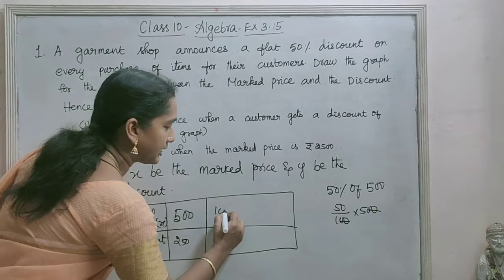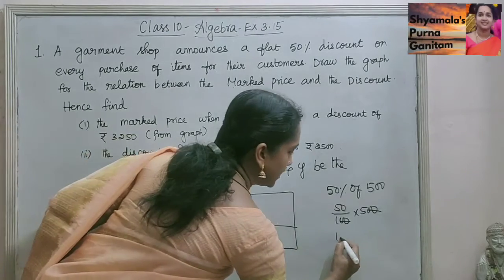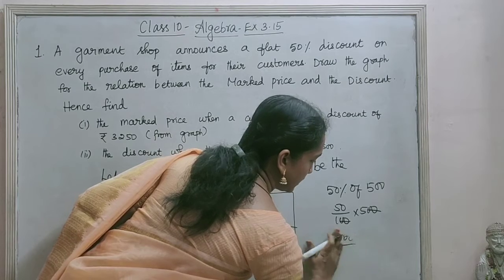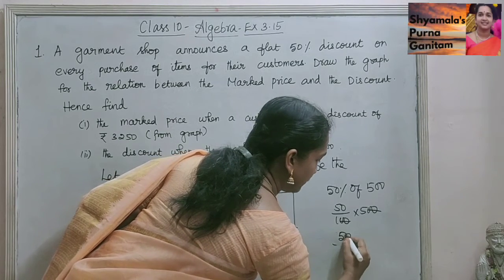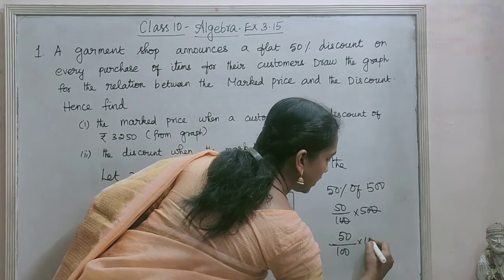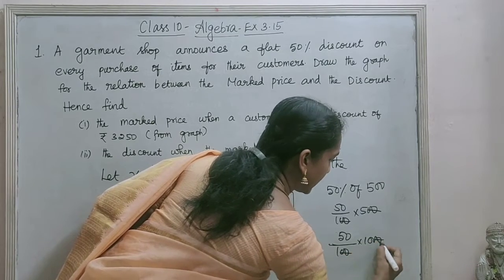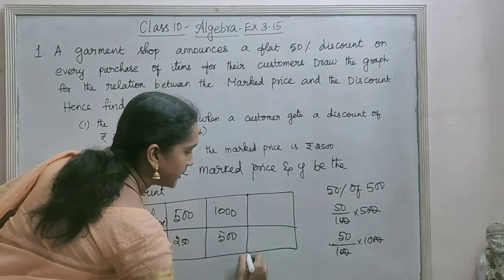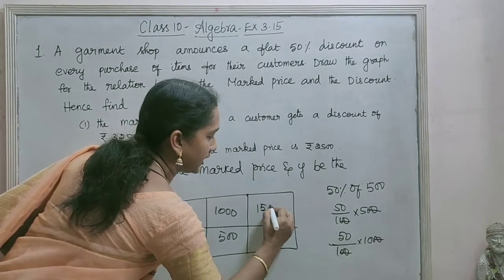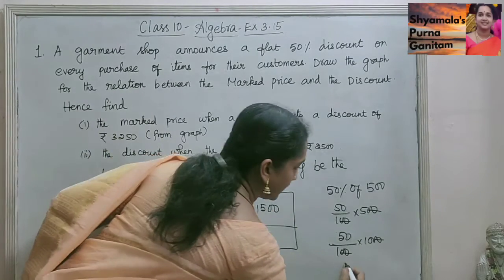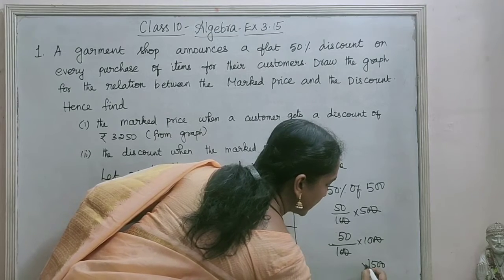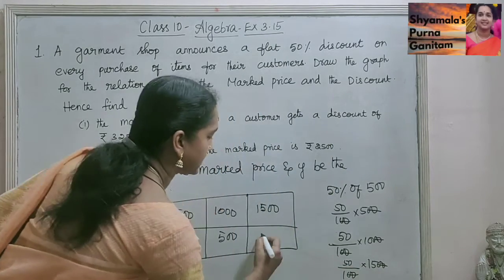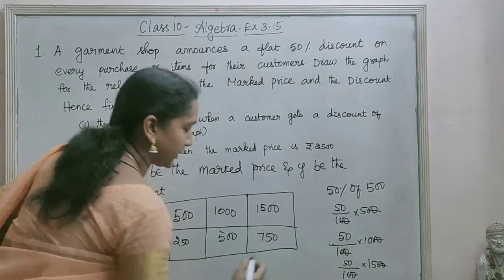Then, if we take the marked price as 1000, 50 by 100 into 1000, we will get 500. Then the next one is 1500, 50 by 100 into 1500. When we simplify this, we get 750.